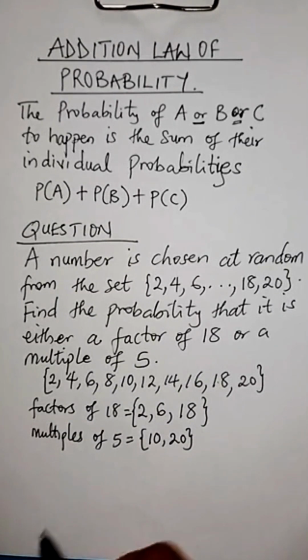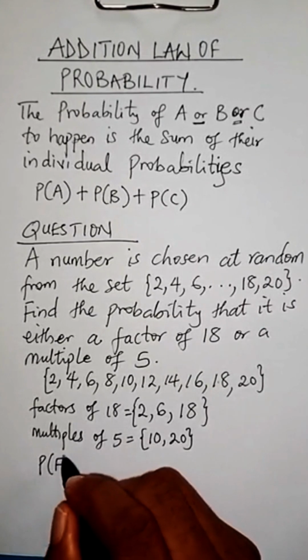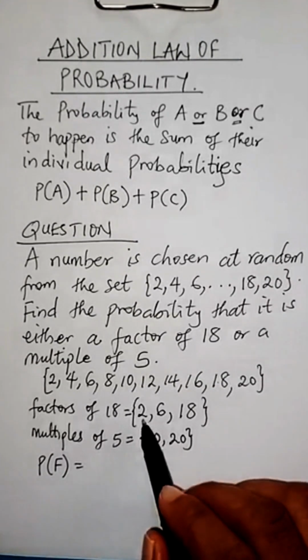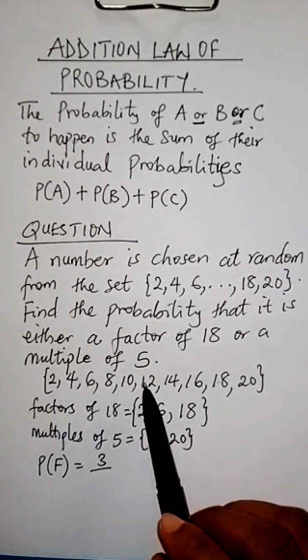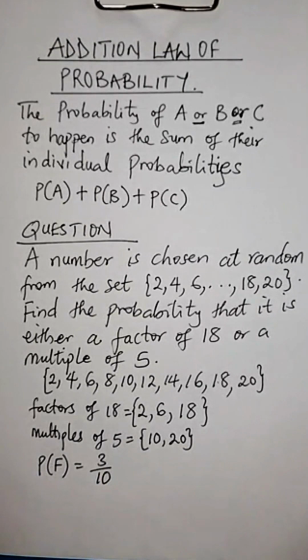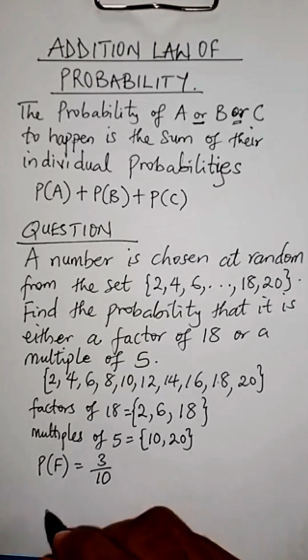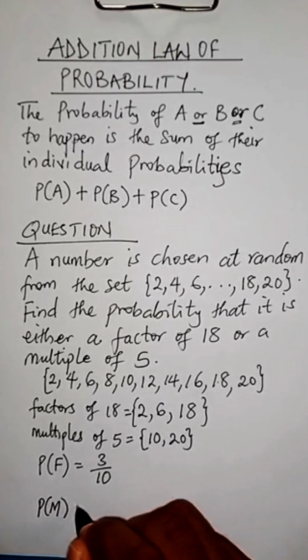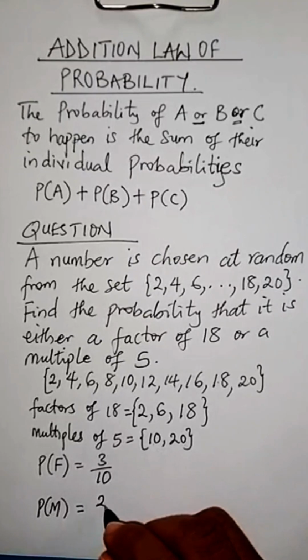So here, I've gotten the probability that it's a factor of 18, which is 3 out of 10, counting 1, 2, 3, 4, 5, 6, 7, 8, 9, 10. That's the possible outcomes. Then I go for the next one, which is the probability that it is a multiple of 5. How many elements do you have here? 2. So that's the required outcome.